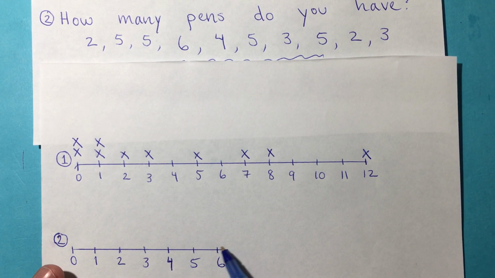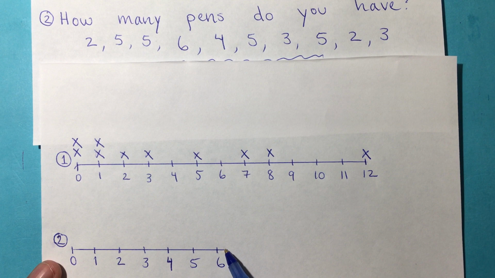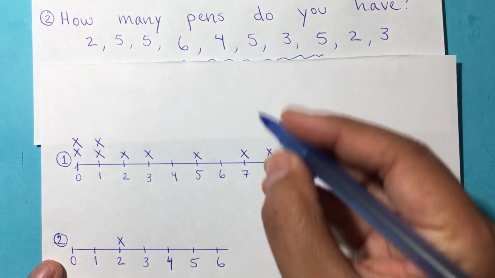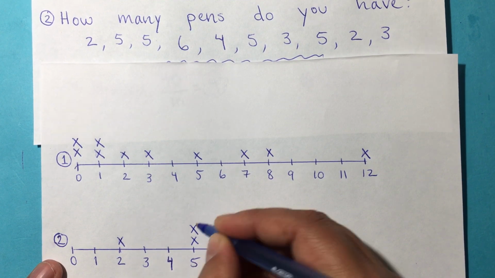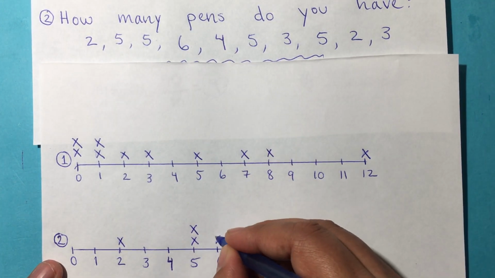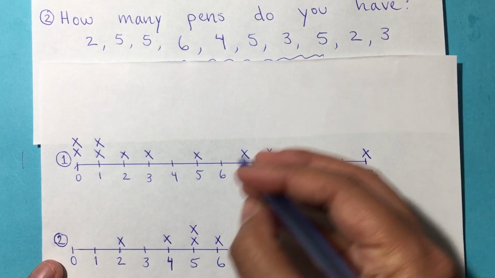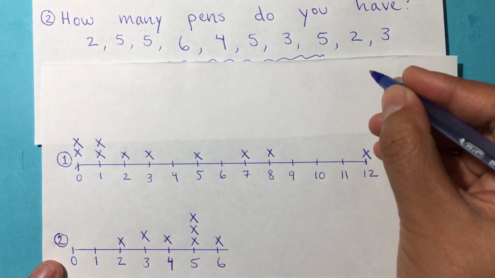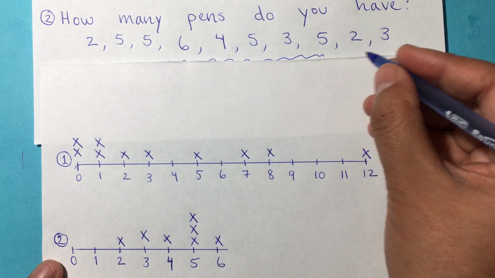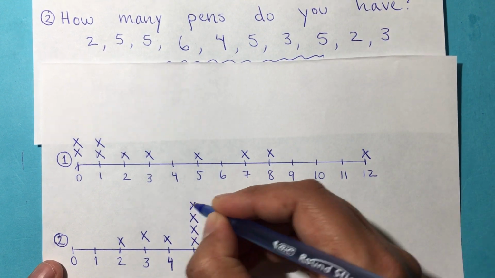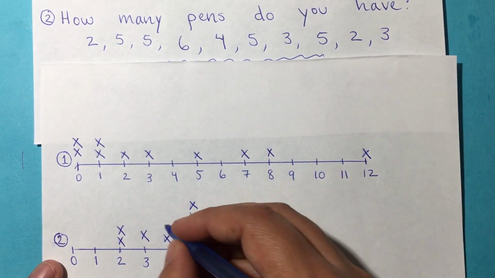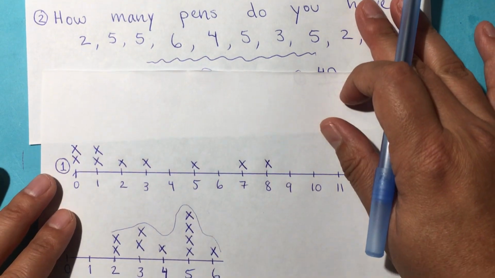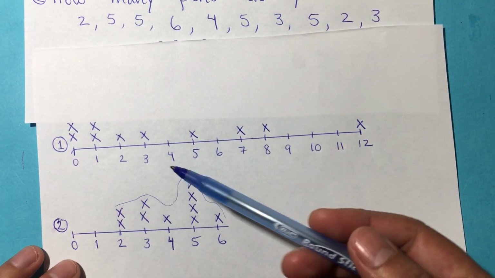You can already see that the line is shorter, but you have 2, 5, 5, 6, 4, 5, 3, 5, 2, 3. Here what we're going to analyze is how the two data sets are spread.